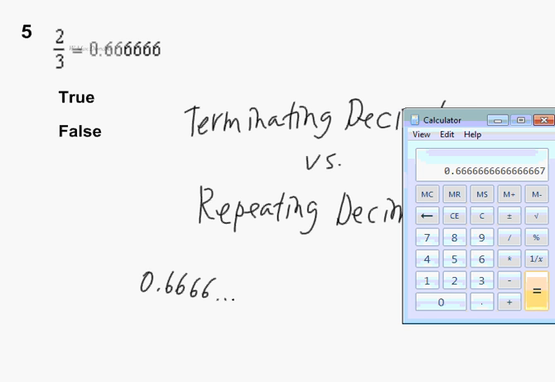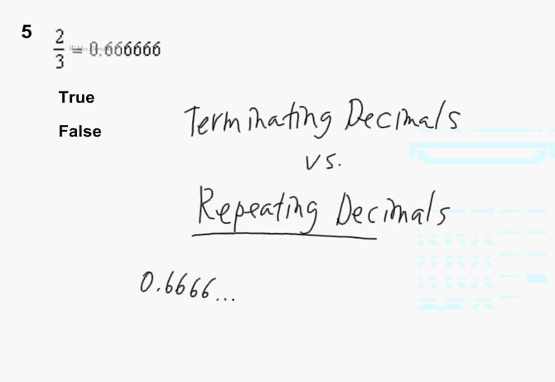In fact, if you look right here, the last digit in my calculator is 7, and that's not because it is a 7. That's because the calculator can't show you the next digits, which are all 6s, and it rounded up that last 6 to become a 7, just to let you know that the next digit would have been greater than 5. So this is what we call a repeating decimal, okay?